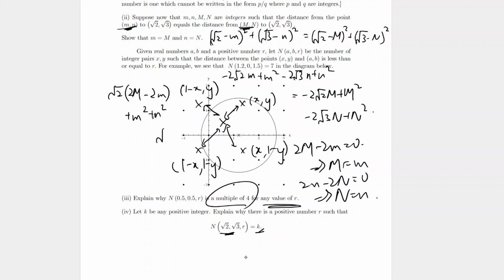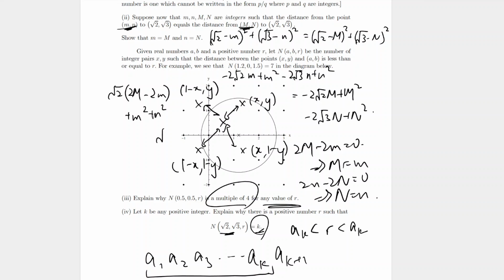Then you order the points in increasing order of distance, say a1, a2, a3, and so on. Let's say I want k points in my circle. Well, maybe there's some a(k+1) here, and maybe a(k) is here. So if I want k points, between a(k) and a(k+1), then I could always find an r such that r is between a(k) and a(k+1).